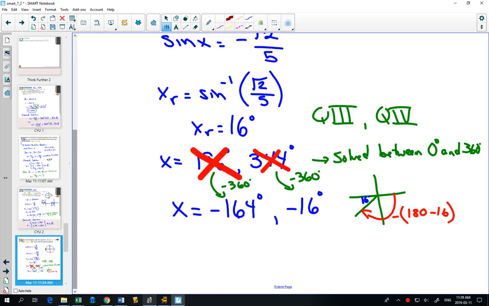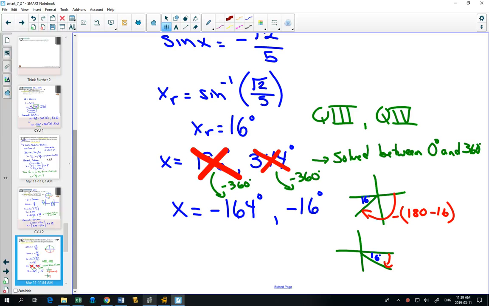And I would get negative 164 from that. And I find, especially in quadrant 4, here's my reference angle of 16 degrees. It's pretty obvious that that angle is negative 16. And that mental math seems a lot easier than having to take 344 and minus 360 from it. Okay, but both of those methods work.